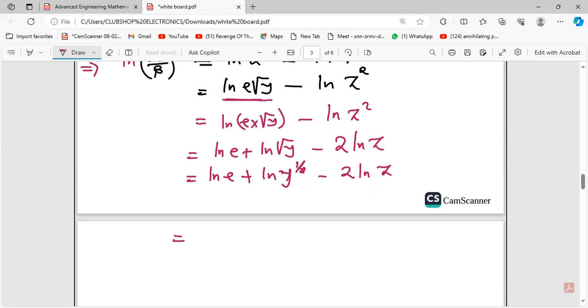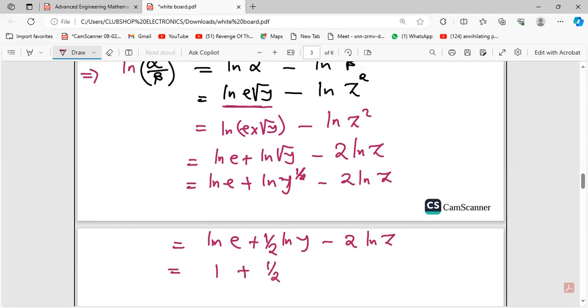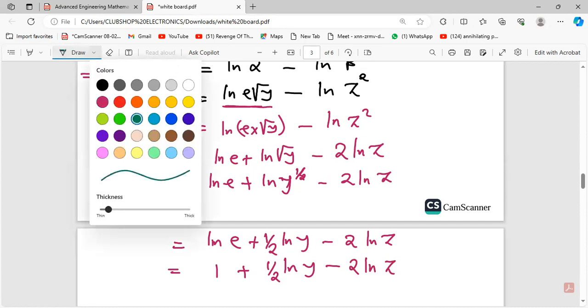So this will give us the natural log of e plus, again, half will be dropped, natural log of y minus 2 natural log of z. But now the natural log of e is 1, plus half natural log of y minus 2 the natural log of z. And this is our expression.